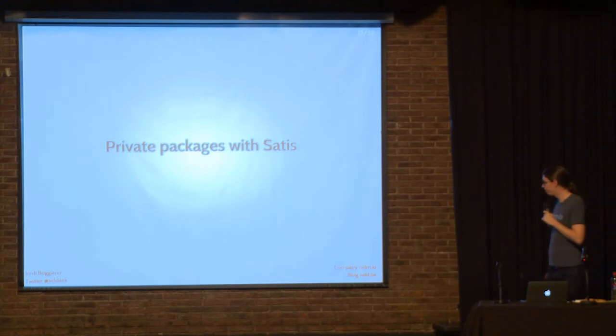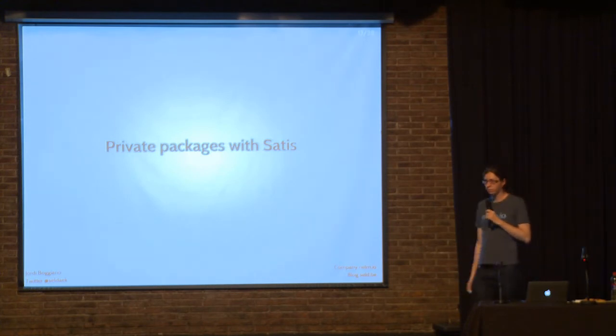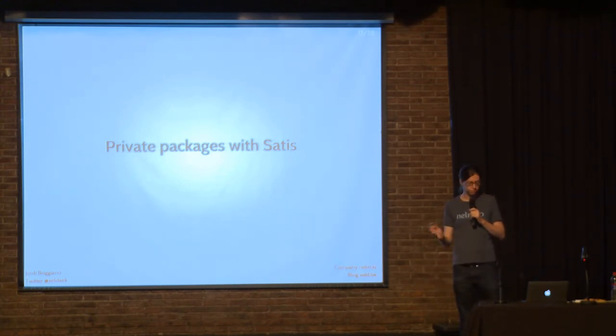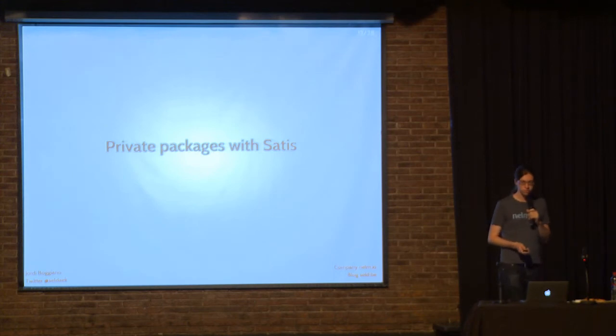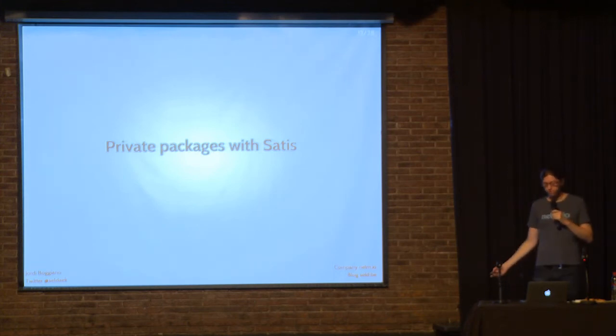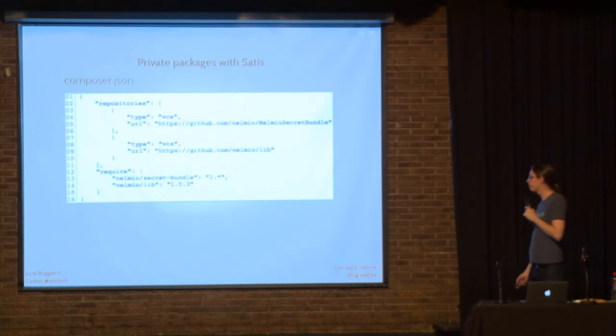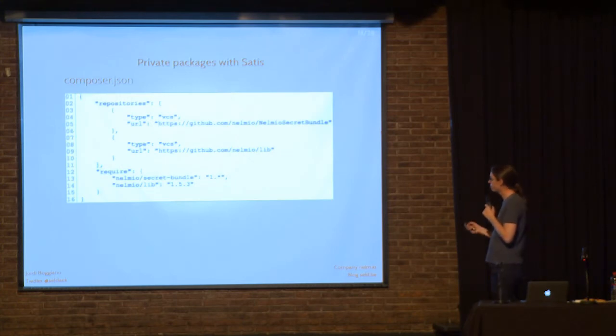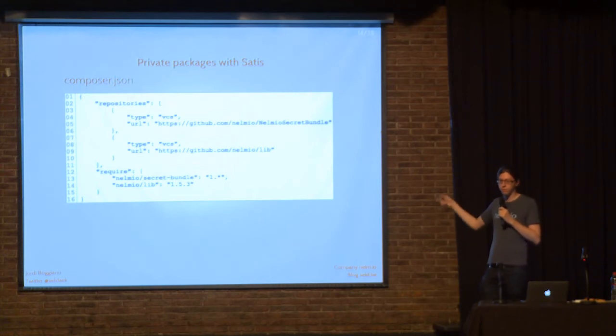Okay, so I already mentioned this a bit yesterday, but I'll quickly go over it again. And if you have any questions, feel free to interrupt. So if you need private packages, the default way, I would say, is to start off like this, to just list your packages in the composer JSON.